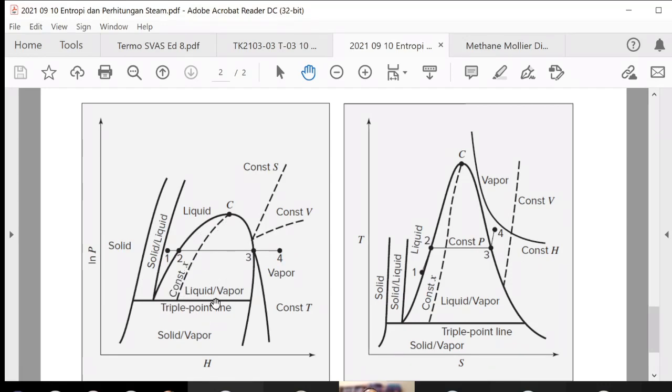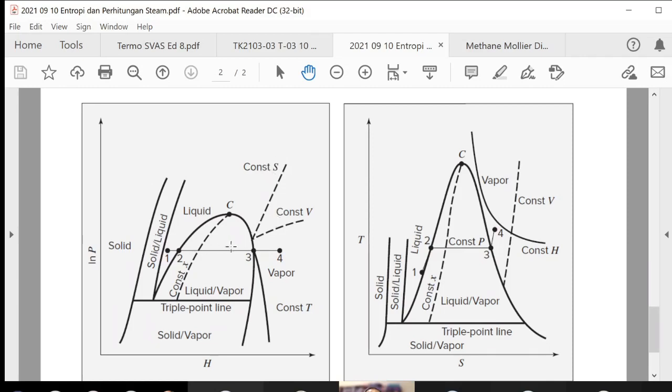Okay, and there is one more. You will learn this next week, I think, from the second law of thermodynamics, that is entropy, that is S. Entropy is the degree of orderness or disorderness. Later we will go through the unit, but the principle of entropy is how ordered the molecules are.